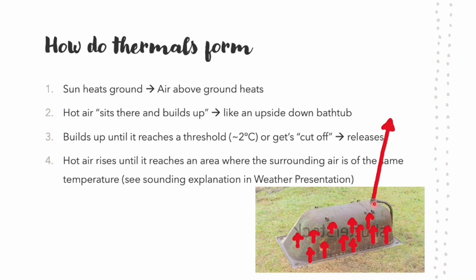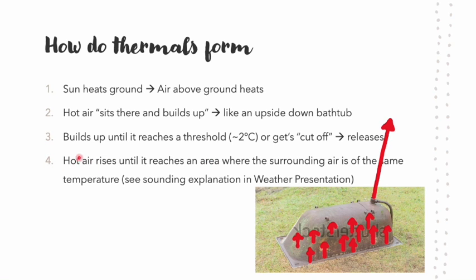Now, generally early in the day, you'll find that the sun is not yet strong enough to replenish that heat, and you get a release, a little bubble, the bathtub emptied, and the sun needs to first build up that bubble again before another bubble releases. So in the morning you get sometimes quite aggressive little bubble thermals rather than a nice big continuous thermal.